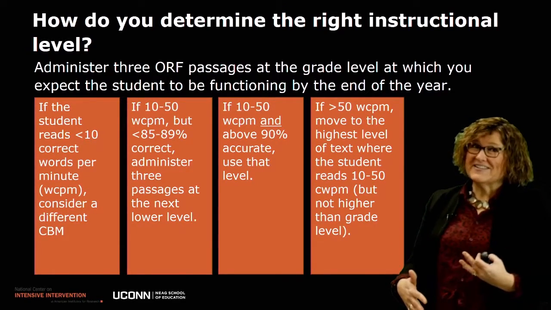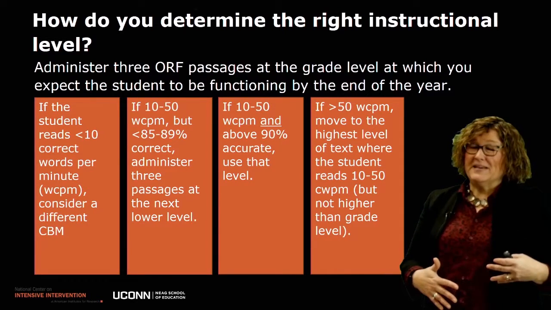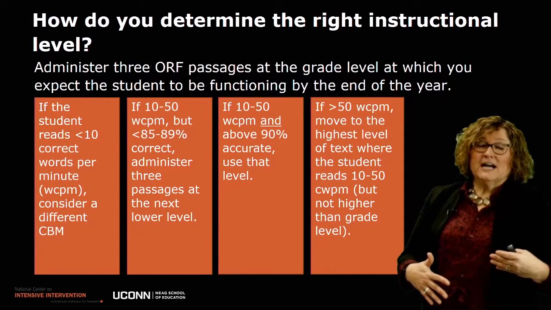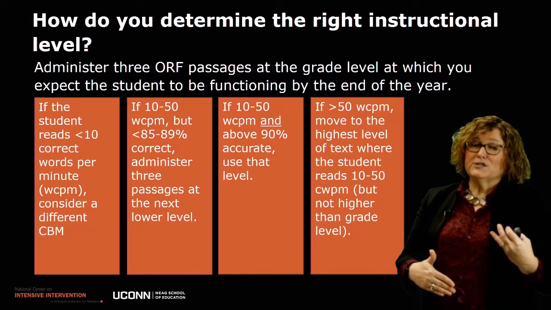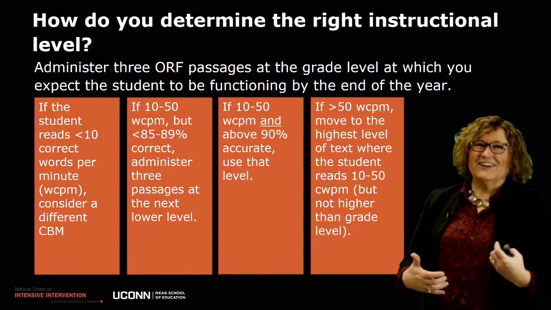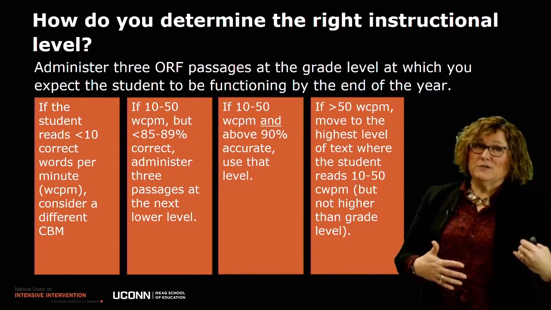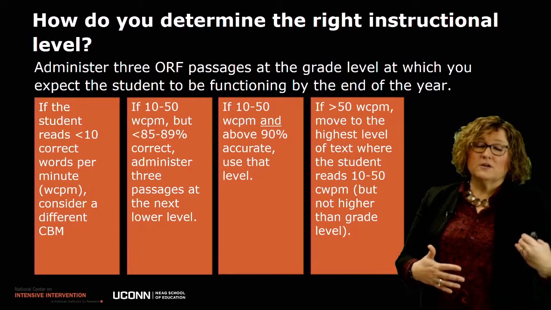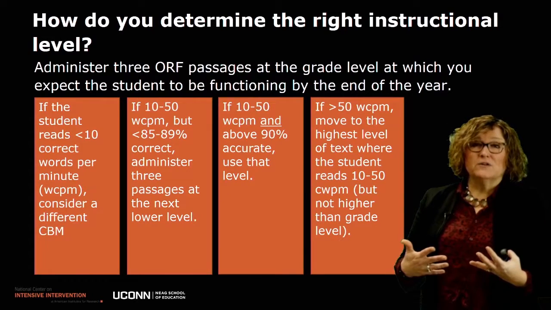So if you have a student who's functioning at the 2nd grade level, but you think they might be functioning at the 3rd grade level by the end of the year, then choose those 3rd grade level measures.